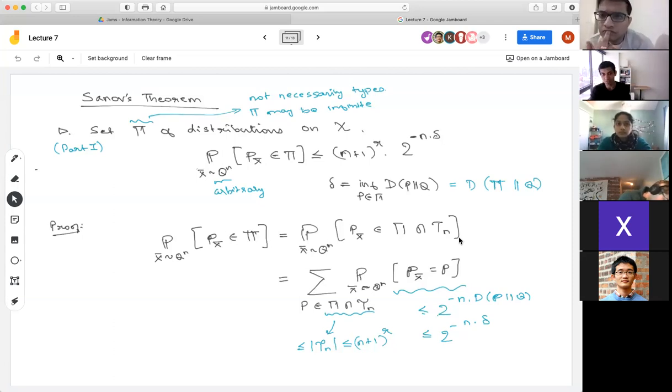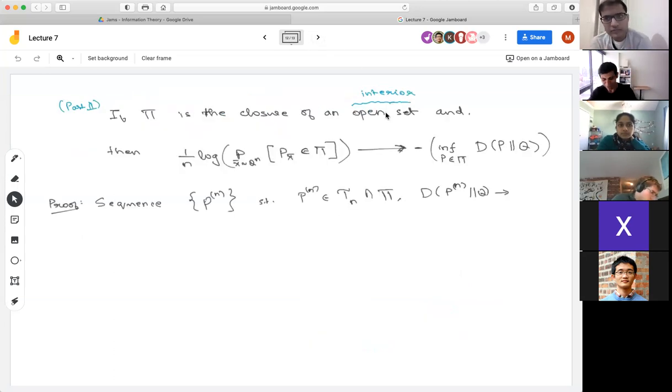But otherwise, it explains the role of KL divergence in concentration fairly cleanly. Any other questions? We didn't really do much, but it gives concentration. Okay. The other side of the theorem needs to be stated a bit more carefully.